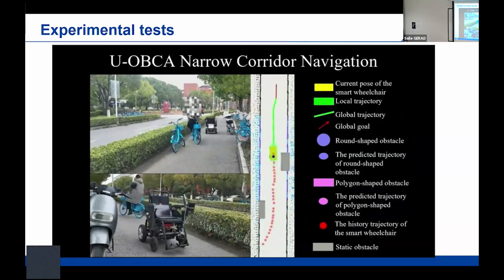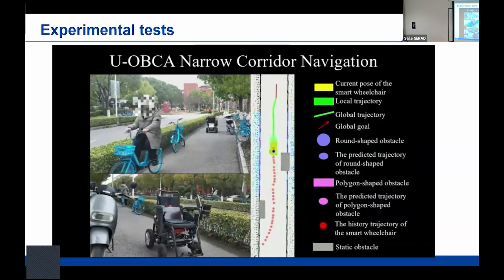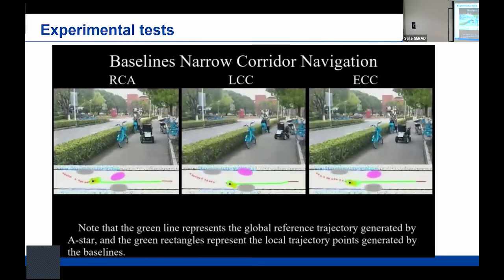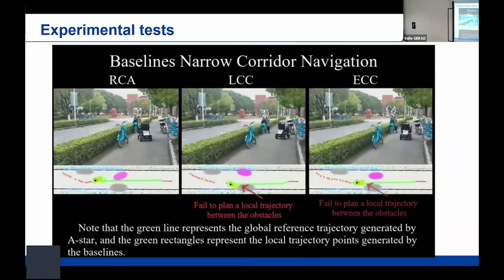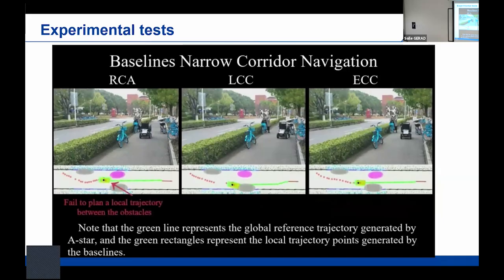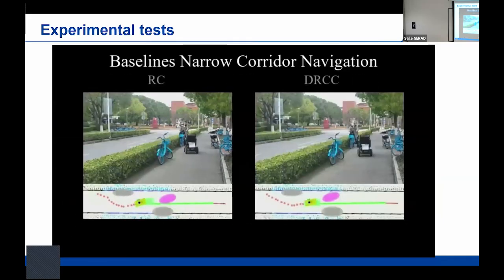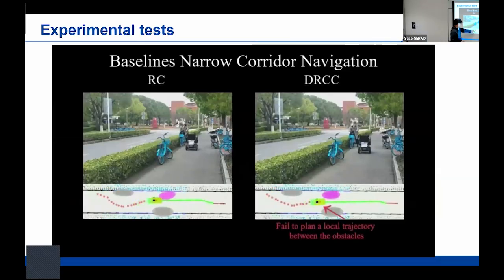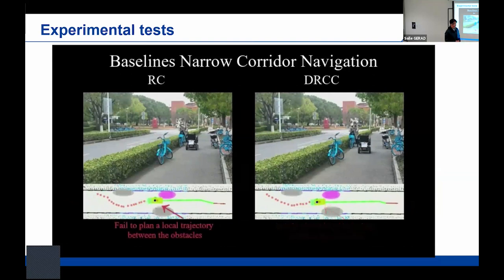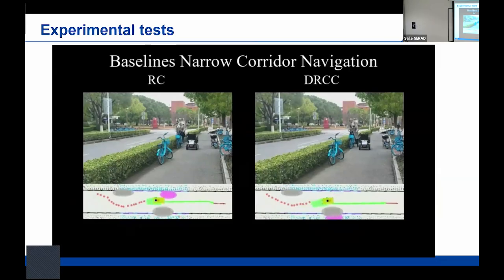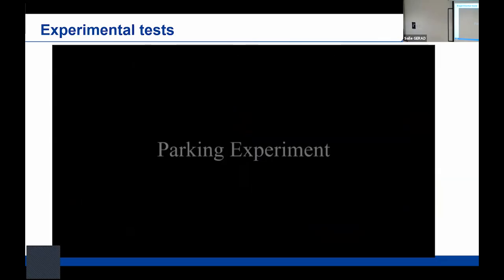Because it doesn't really know what the bicycle is trying to do, right? So it tries to wiggle inside. The other ones just failed because they use ellipsoids, and that is too conservative. You can see here that due to localization and perception errors, it is kind of shaky.